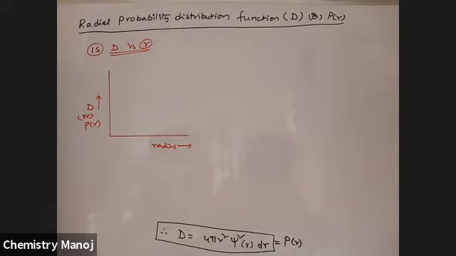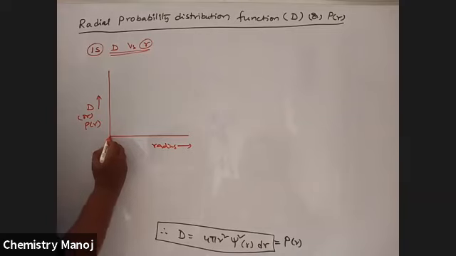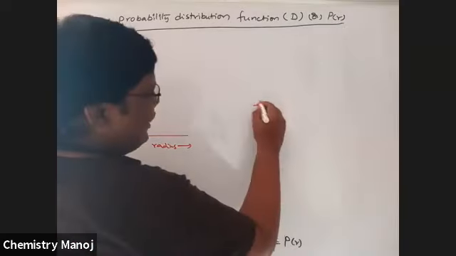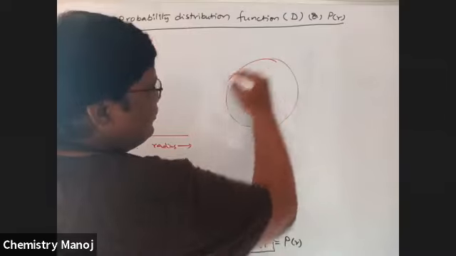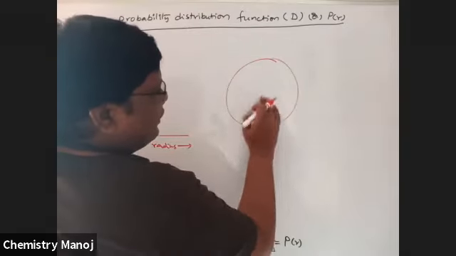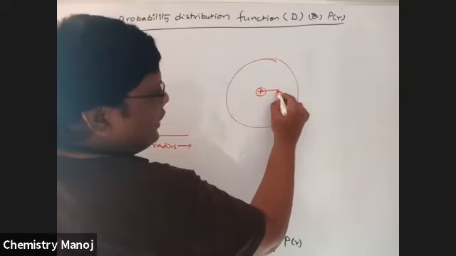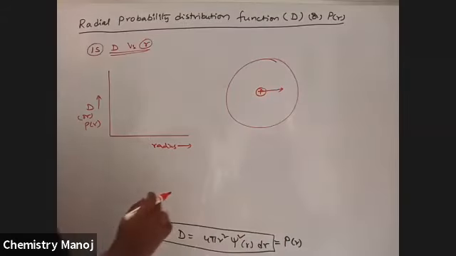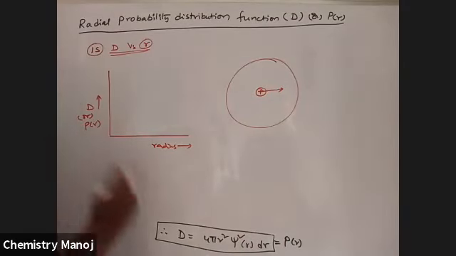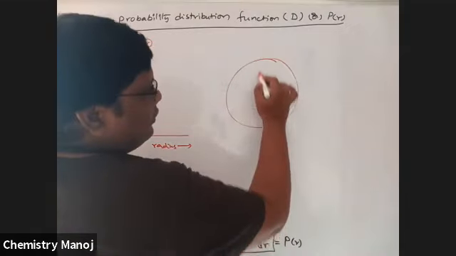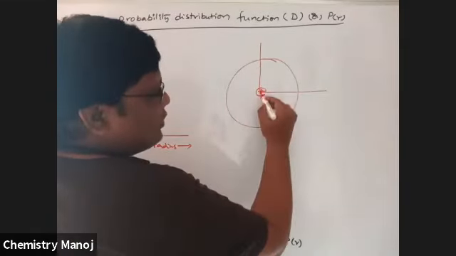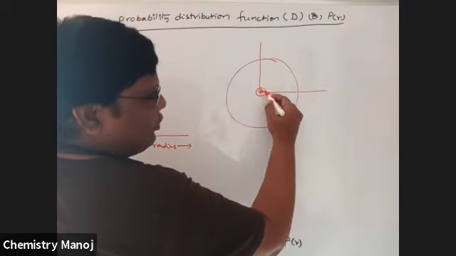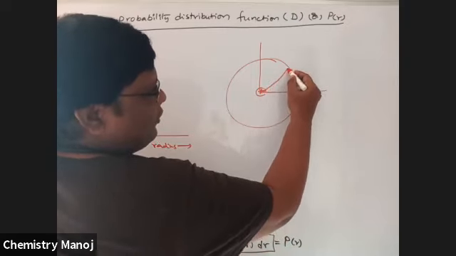Now I want to find the electron chi square value. At the nucleus, it is 0. As we move away from the nucleus towards the orbit, the probability of finding the electron becomes maximum.